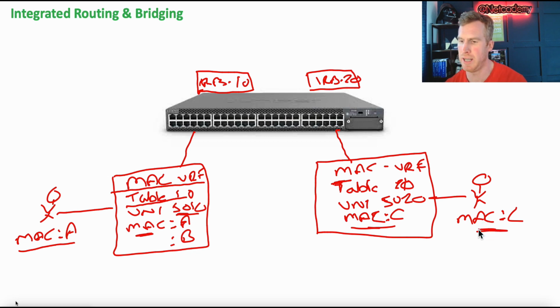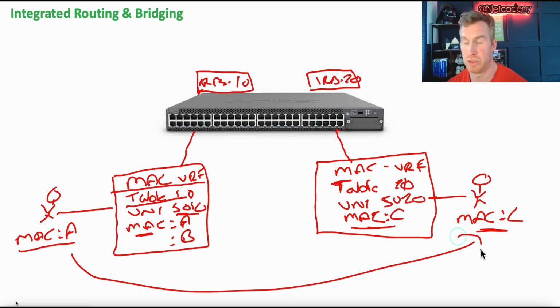i.e. user C over here. So MAC A, user A wants to send traffic to user C. So it will send that information first to the switch. So this MAC-VRF, by the way, is inside the switch. I know it looks like it's outside the switch, but obviously I've got to draw it. So please remember these MAC-VRFs are within the switch itself.